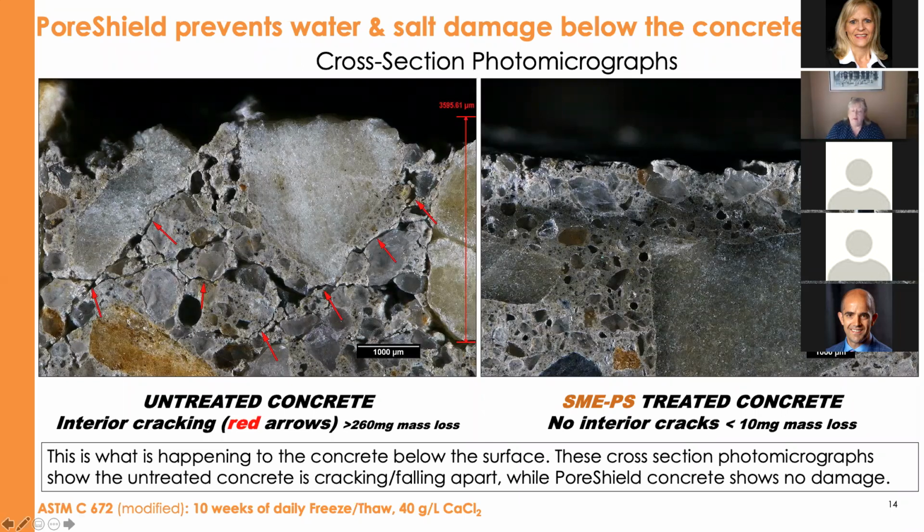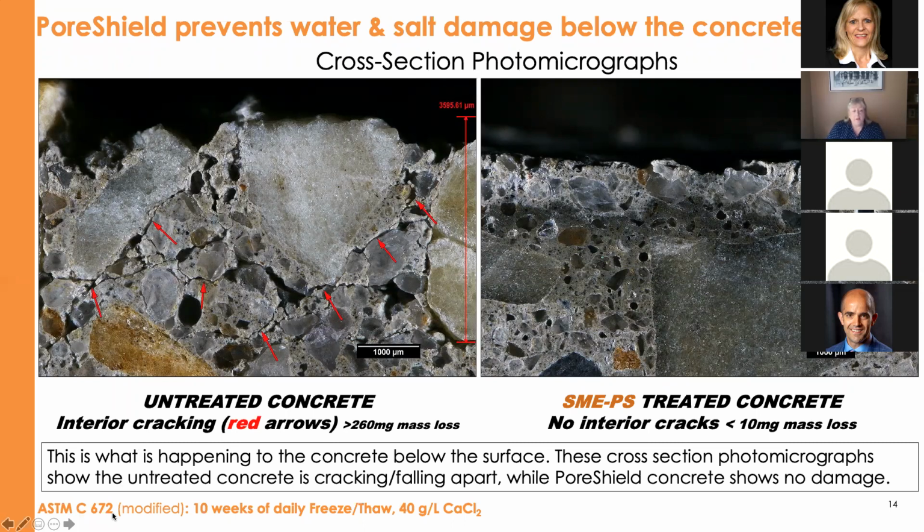Now this is an image having undergone another very standard ASTM test, which is 672. It is a rigorous test that we actually made even more rigorous than the ASTM, making more salt and freeze calcium chloride and freeze-thaw damage.